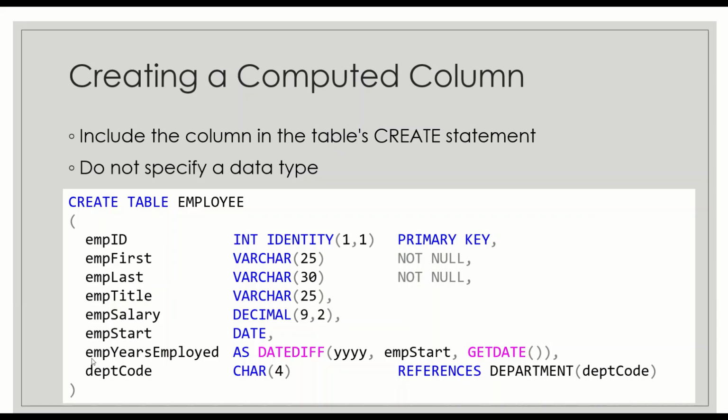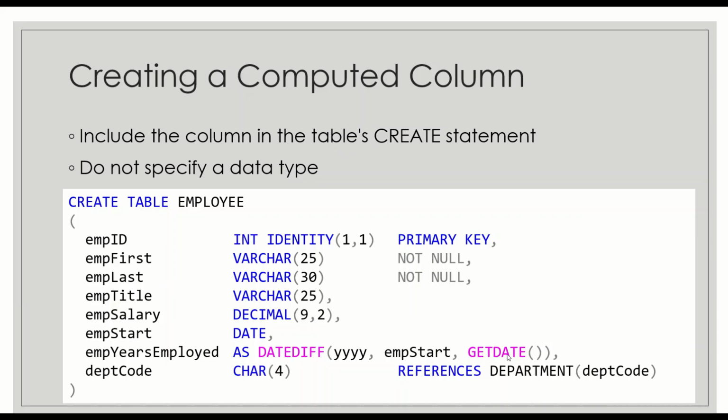So when we're defining the columns for this table, we define the column that's going to be computed by giving it a column name, using the keyword as, and then writing the formula for the calculation. In this case, the calculation for years employed takes the date diff, that calculates a difference between two dates in years, between the start date and the current date.